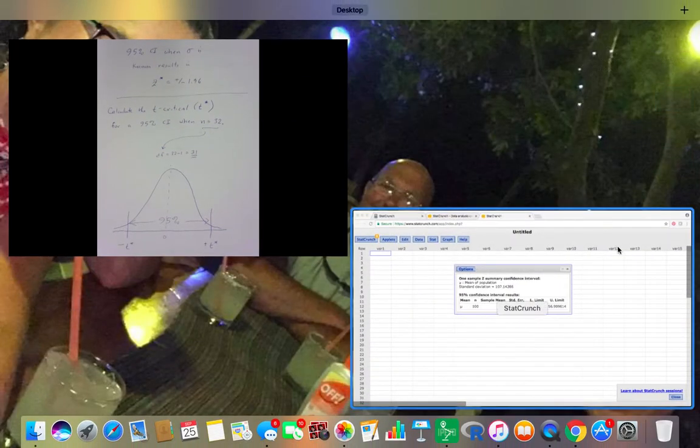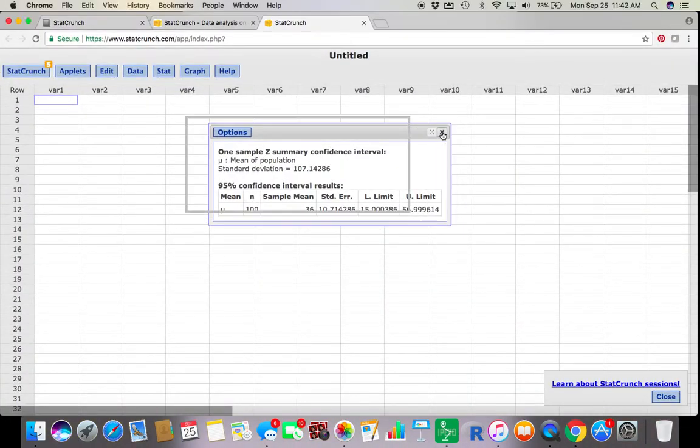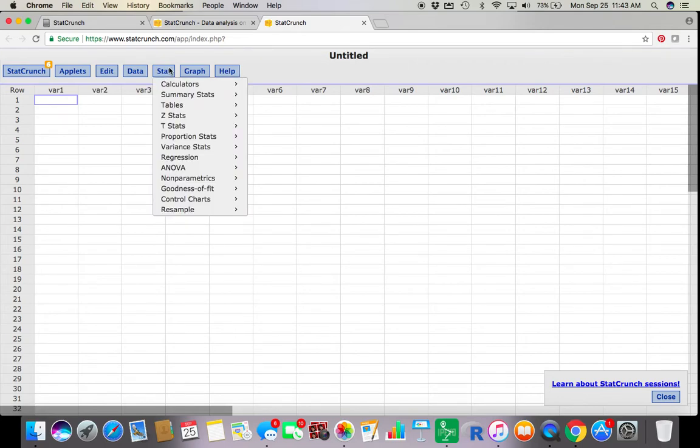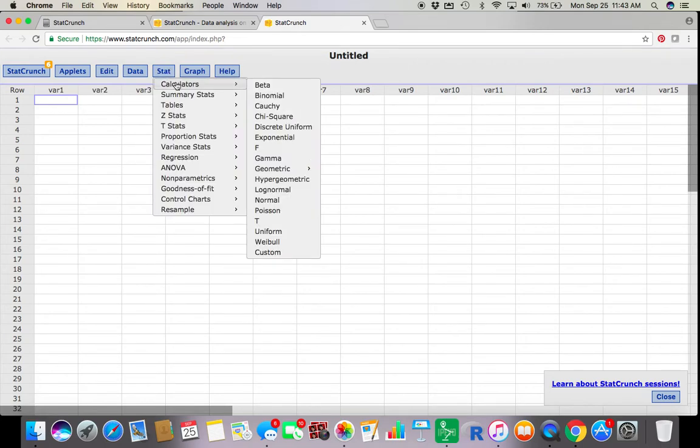It turns out this is very easy to find on StatCrunch if you know where to go. All you have to do is go to Stat and go to Calculator. Instead of scrolling down and stopping at Normal, you want to go on down and stop at T.